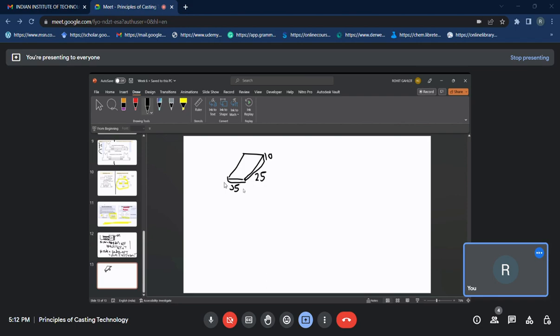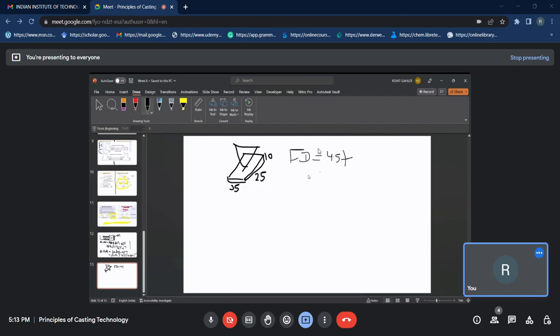So here, if you put a top riser, we will put it at the center. For the top riser, we have already calculated the feeding distance is 4.5 times the thickness.